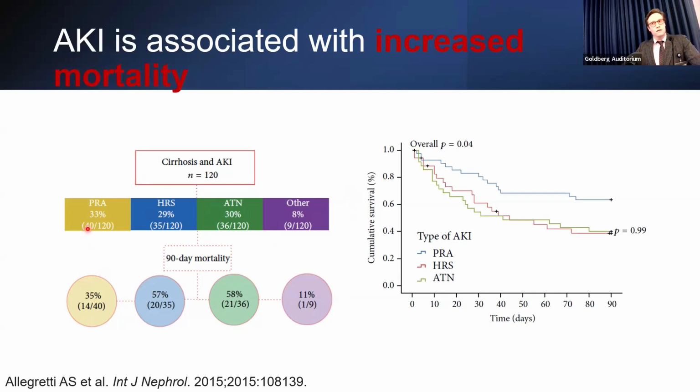If they have HRS and they're a transplant candidate versus ATN, that may, depending on the nephrologist, change how we approach offering dialysis from a palliative care goals of care standpoint. But from this data, I would point out that the 90-day mortality of HRS versus ATN is about the same. And I think that is rather humbling to me, and just something to keep in mind as we take care of these patients.